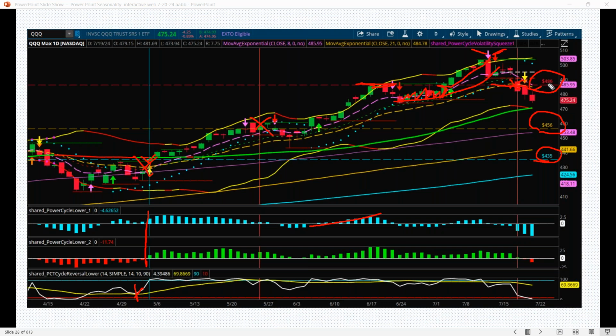So 486, and out there, in at 435. So that was the potential that was there. That's like a $51 per share move from this level to this level.